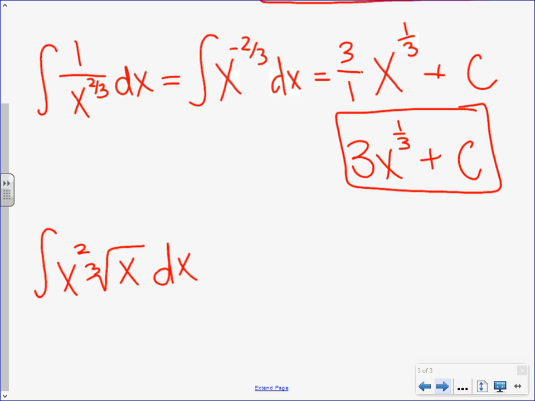Okay, last example. If your integral is not written as x to a power, then we cannot use the rule that we've been using. So, how do we rewrite this?